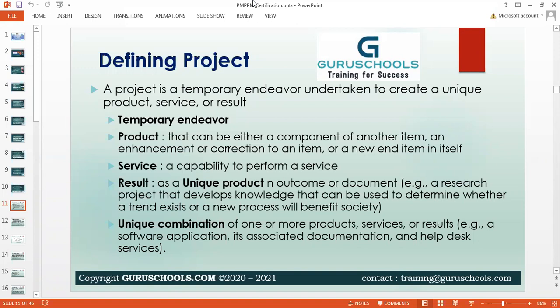Okay, so no problem. So we talk result as a unique product or an outcome or a document. Whenever we discuss a project, it has to have a complete unique product, a unique outcome. That's what we talk about, right? So as a unique product or a unique outcome or a document, a research project that develops a knowledge that can be used to determine whether a trend exists or a new process will benefit society.